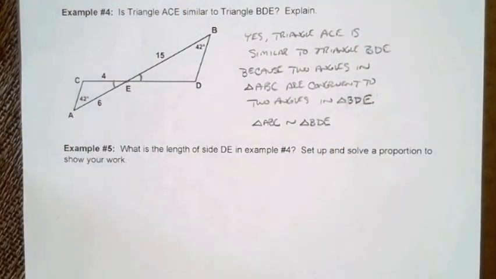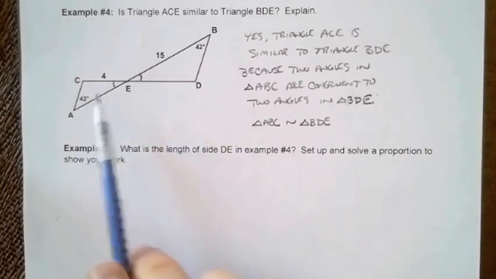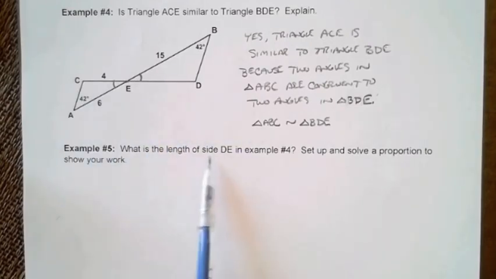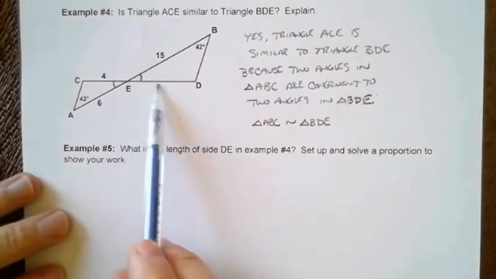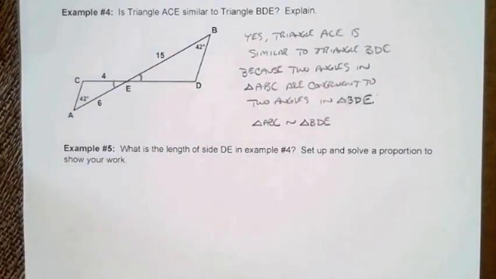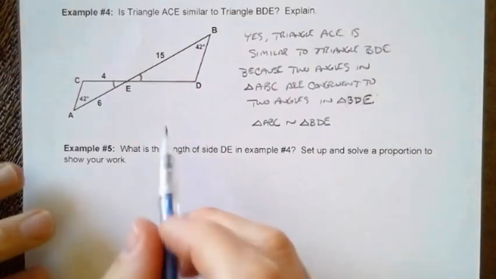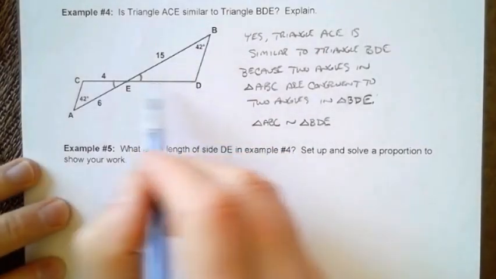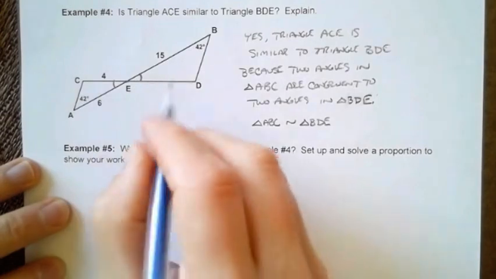All right, so now that I know that these two triangles are similar to each other, what is the length of side DE in example number 4? How much is this measurement from D to E? Okay, and it might help for you to be able to come up with that by redrawing your picture. Okay, so here's triangle BDE. I'm just going to redraw triangle ACE so that it has the same orientation.